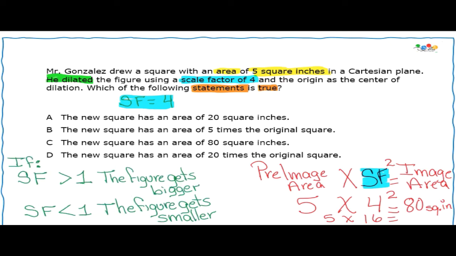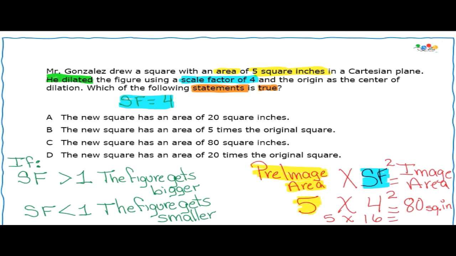Awesome. So let's look at the answer choices. See if you can find the correct answer. If you look at the information, we now know that the area for the pre-image was 5.